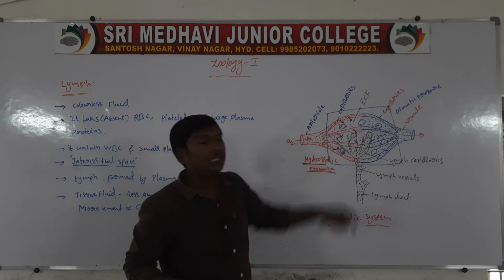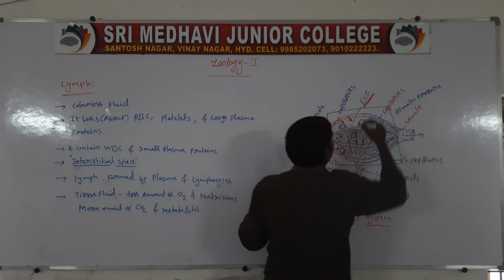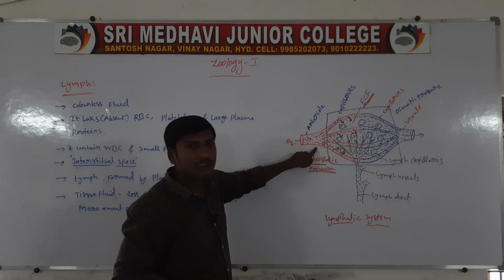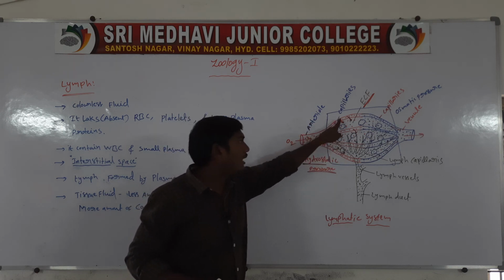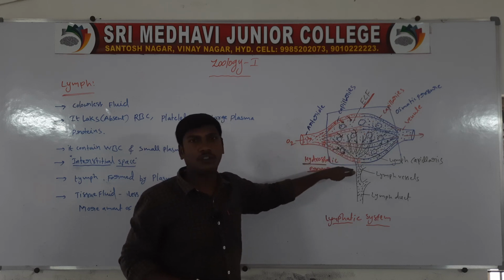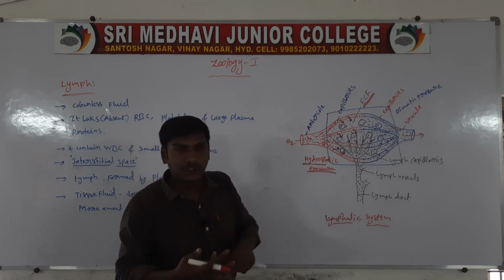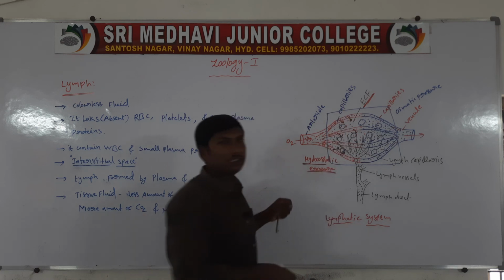This is called the extracellular fluid, ECF. So the blood comes from the arterioles to the arteriolar capillaries, and in these capillaries the fluid moves into the tissue fluid. This fluid contains nutrients and gases, so the cells utilize the nutrition and gases.